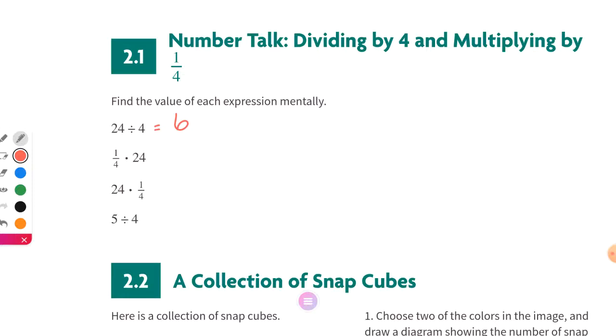Tatum, how do I do 1/4 times 24? Yeah, so I do 1/4 times 24 over 1. Then I multiply straight across, right? So 1 times 24 is 24. 4 times 1 is 4. What's 24 divided by 4? 6. We just did that above.